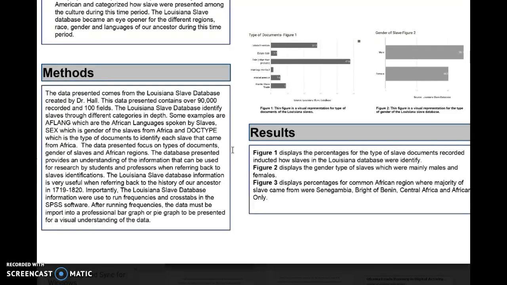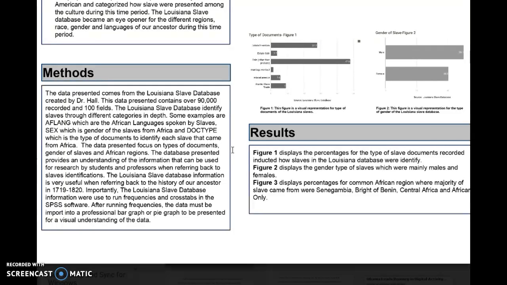The Louisiana database identifies slaves through different categories in depth. Some examples are shorthand, Aflang, which is the African language spoken by the slaves, the sex, which is the gender of the slaves that came from Africa, and the doc types, which is the type of document to identify each slave that came from Africa.